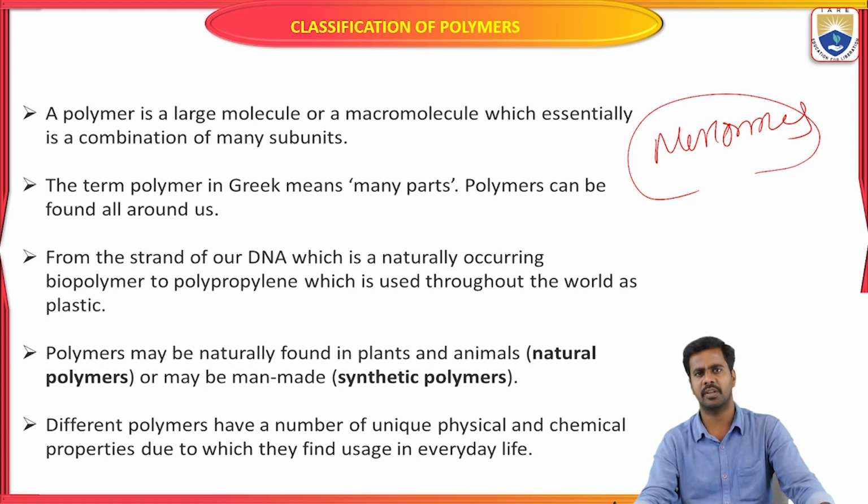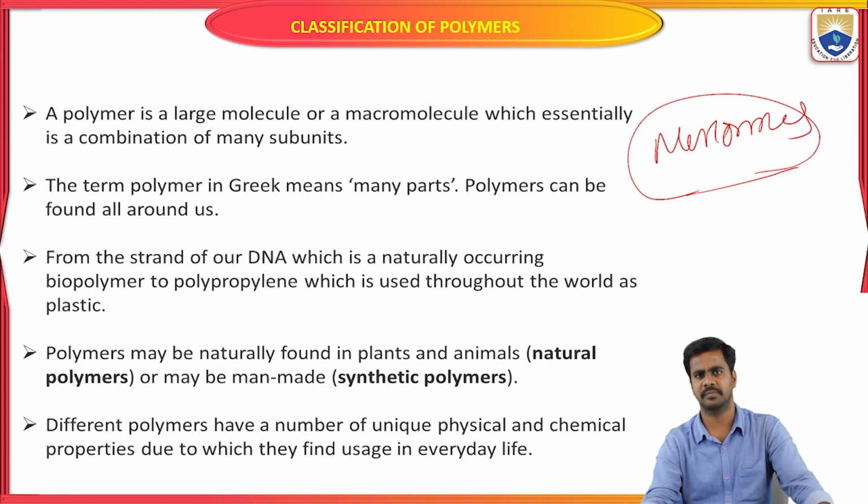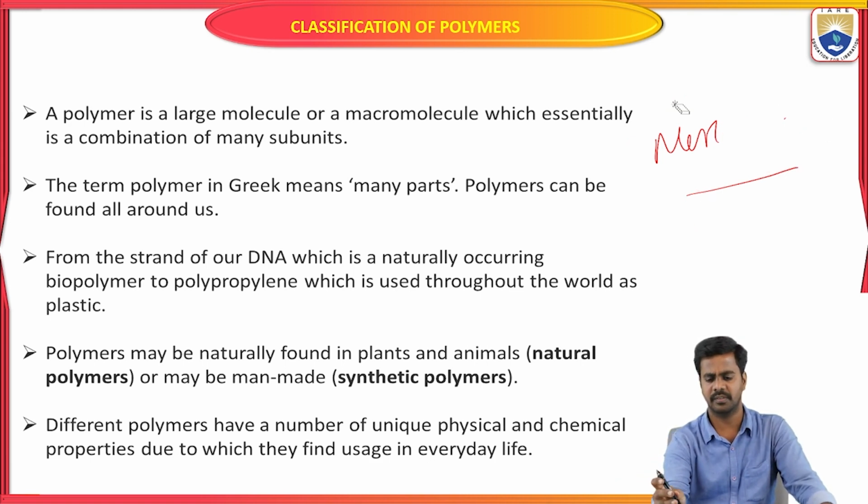A polymer is a macromolecule which is formed by micromolecules. A number of micromolecules are combined to form a macromolecule. These micromolecules are known as monomers, either the same or different. So that is the definition of polymer.